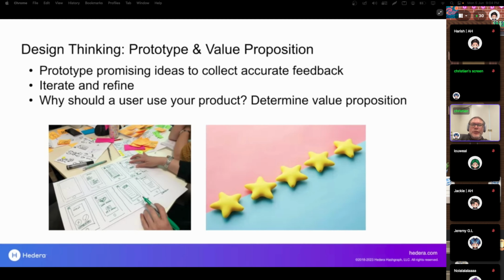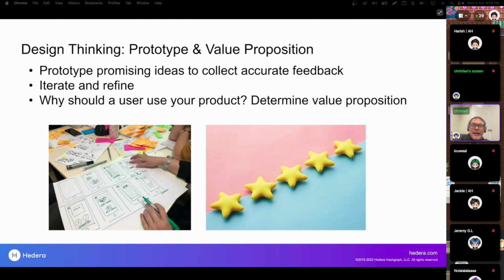Okay, so as you produce your mind map and you come up with your ideas, you'll start to talk about them, and you want to start to narrow your scope. So if you have 25 ideas on your document, maybe you pick the top 3 to 5 most promising ideas, those that you and your teammates have said, hey, this is really interesting, this is unique, and start to prototype those ideas.